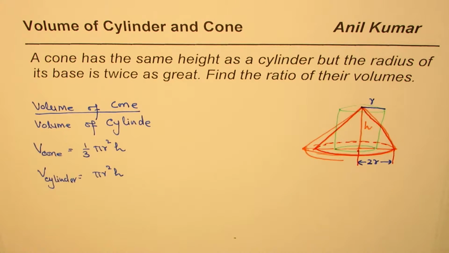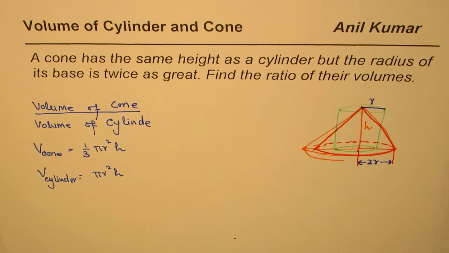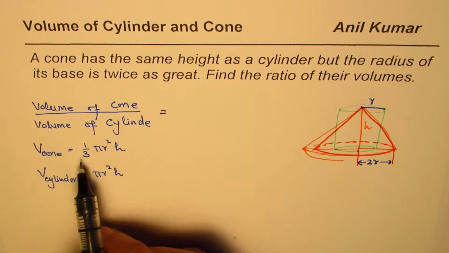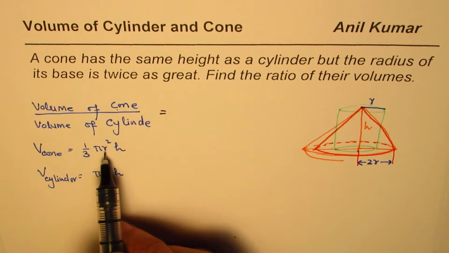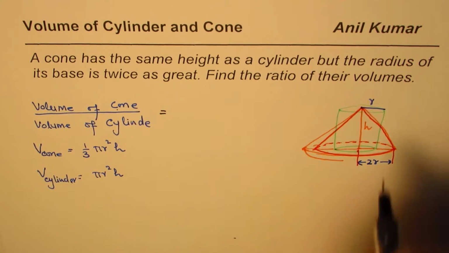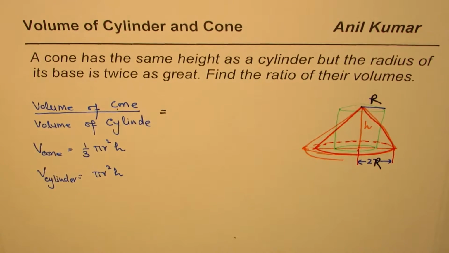So let us use the formulas and the values which we have to calculate the ratio. Volume of the cone is 1/3 pi r square h, but what is r equal to? Radius is 2 times r. Let me use capital R so that we don't confuse ourselves much.